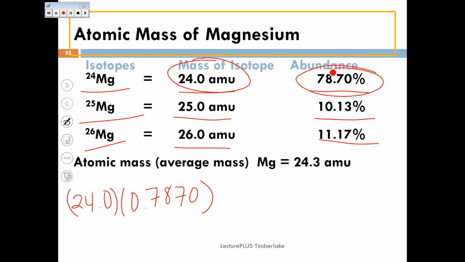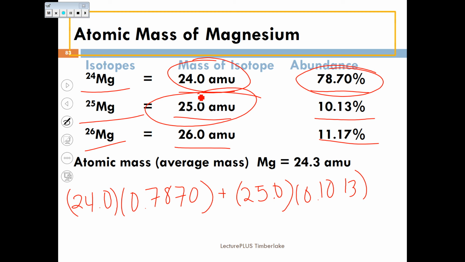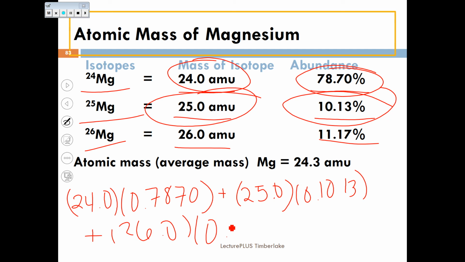For the second isotope, you're going to take its mass, which is 25 AMUs, and you're going to multiply it by 0.1013. Then you're going to add the third isotope. So that should be 26 times 0.1117.